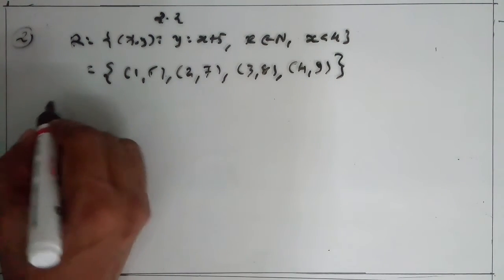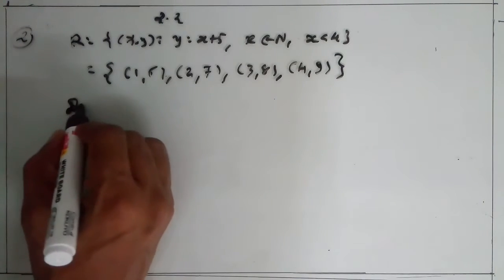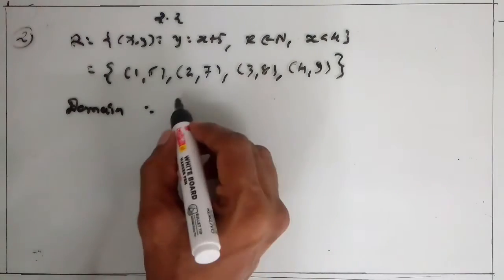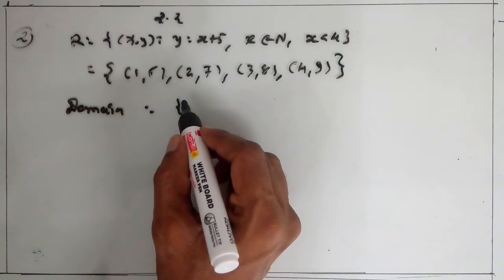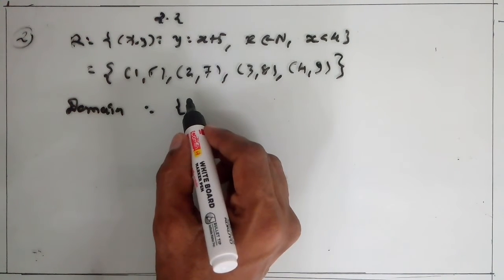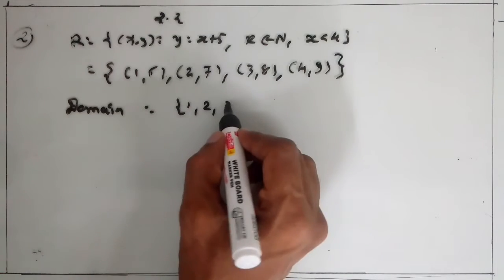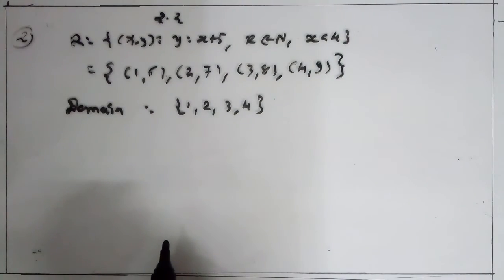Now think about the domain. Domain is the first element of each ordered pair: 1, 2, 3, 4.